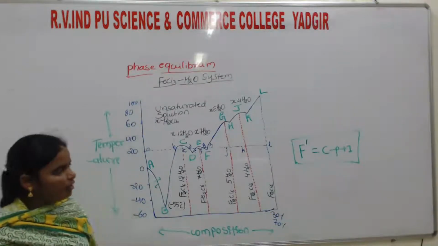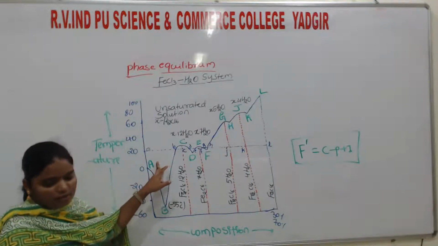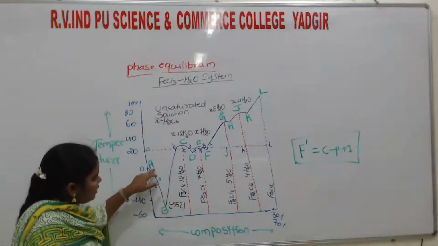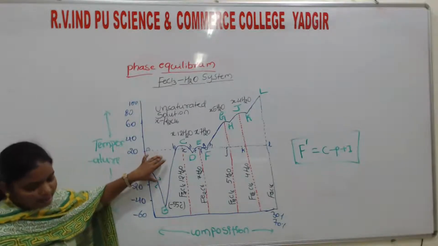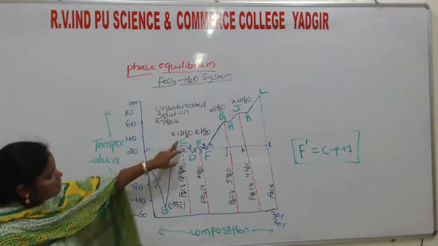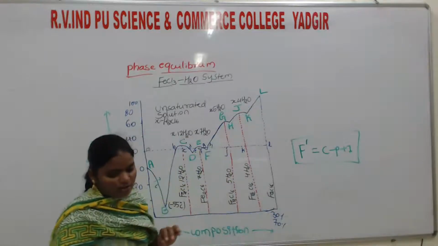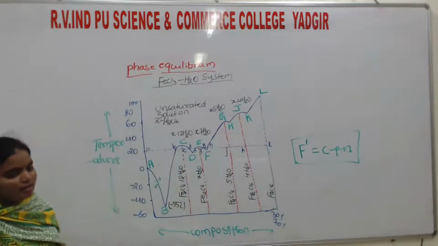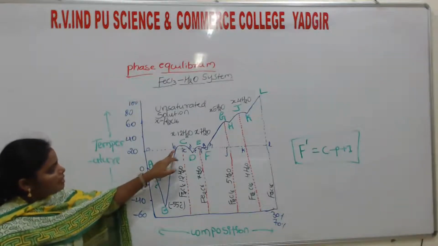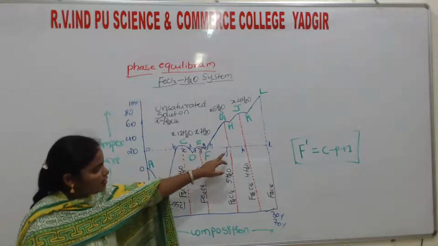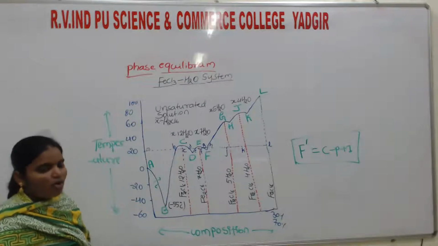Here, note that the capital letters lie on a curve: the points corresponding to capital letters A, B, C, D, E, F, G, H, J, K, L lie on the curve, while the points corresponding to small letters a, b, c, d, e, f, g, h, j, k, l lie on a horizontal line.